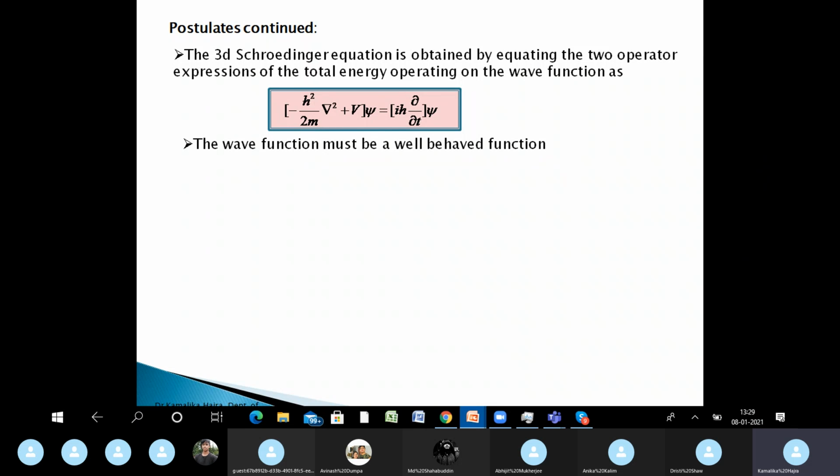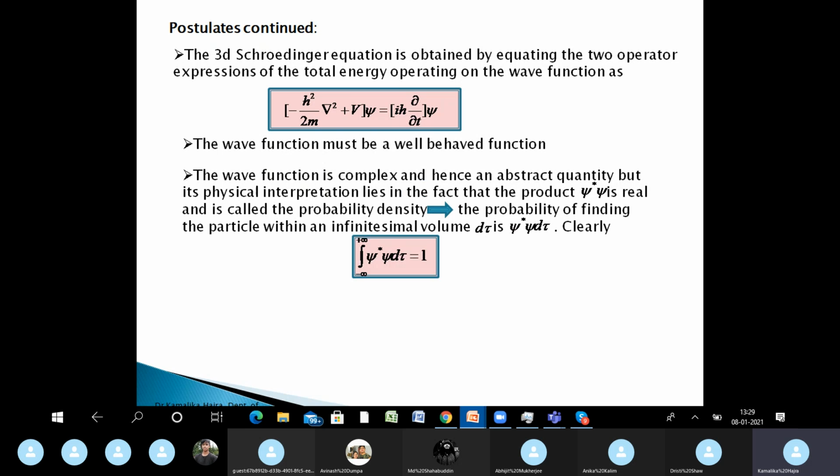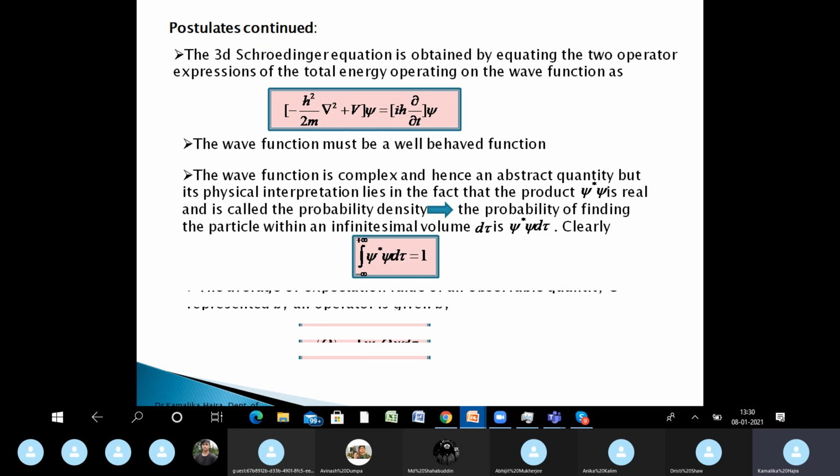Any solution of the Schrödinger equation must be a well-behaved function, that is finite, single-valued, and continuous. The wave function must be in accordance with the Born interpretation, that its complex conjugate and itself multiplied together, integrated from minus infinity to plus infinity, equal 1, which gives us the normalization condition.